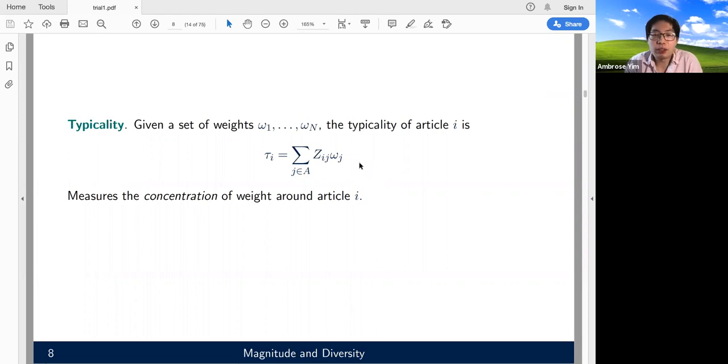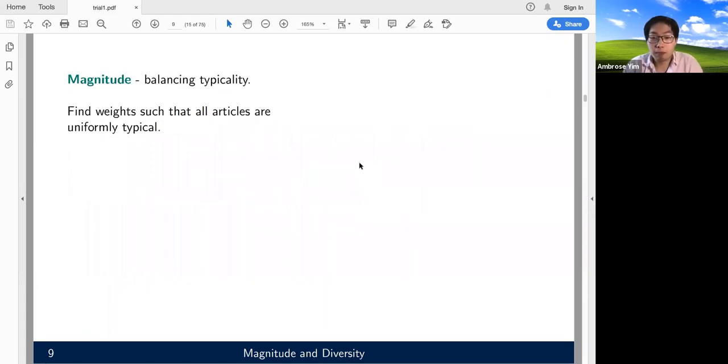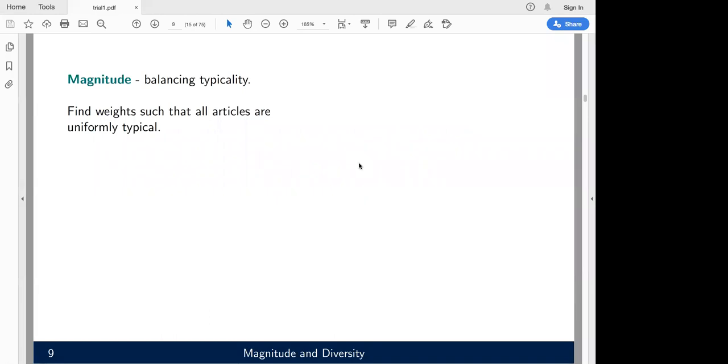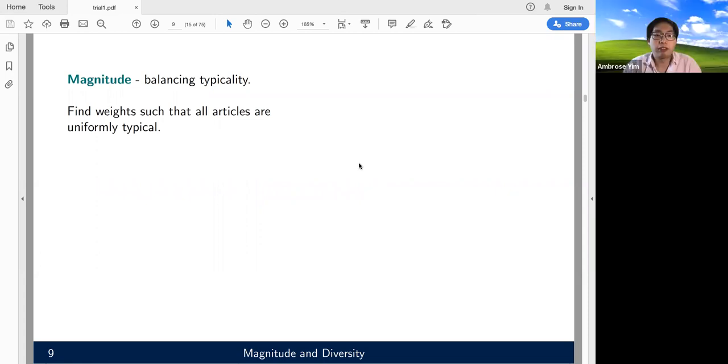So if you imagine you assign them uniform weights, then an article that is very similar to other articles would have a high typicality, and an article which is in general dissimilar to other articles would have a low typicality. So this is a way for us to define the magnitude of a data set, or the size of this data set.